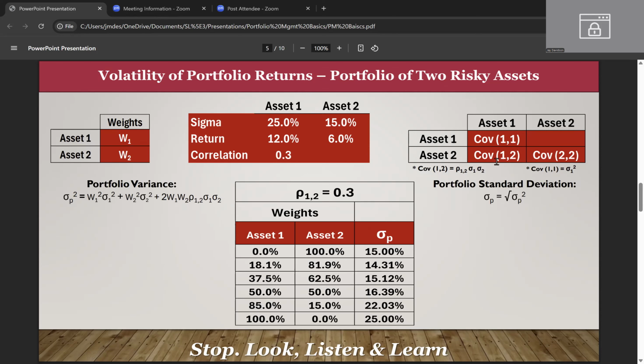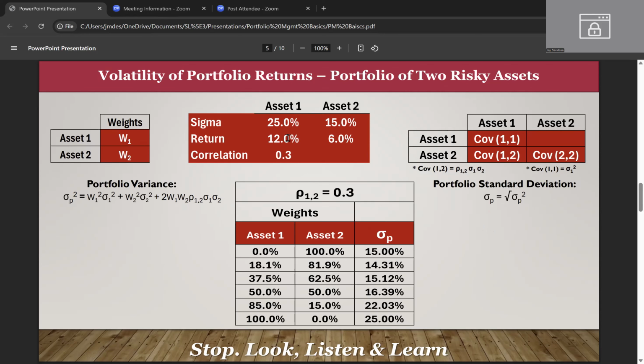And that's what this covariance is between asset one and asset two. We're looking at how they actually move together, right? Now, to compute the covariance, you take the expected return, which is the average return, then you look at the differences between the actual returns and the average or expected, then you take those differences and you square those differences, right?